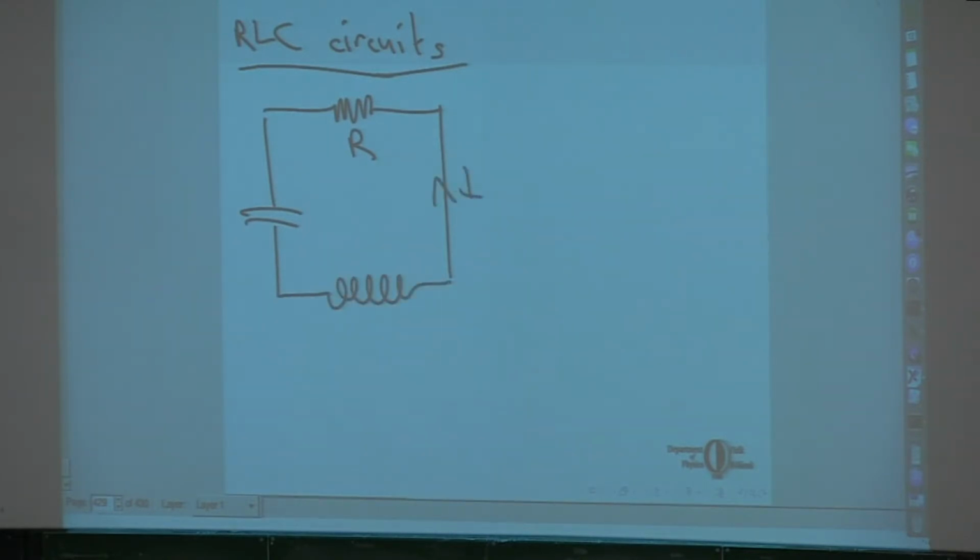And by some means, at some instant, we just started a current running through the system. Now, how can we do that? For example, you can just imagine that this was, in fact, initially part of another circuit.